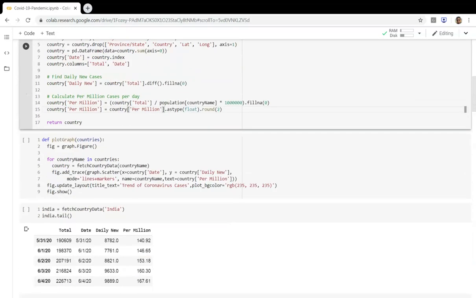And here I'm showing a graph, the plotly graph. Here I'm passing a list of countries, and it fetches the country information and plots the graph.